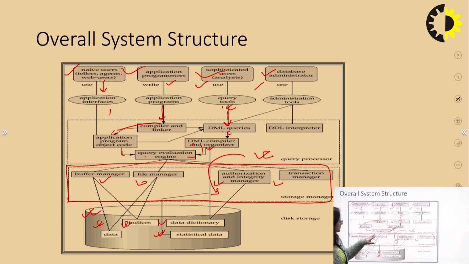So this manager will take the information from the database and provide the relevant information to the query evaluation engine. All these managers will work on this database, right? And they will give the relevant information to the query evaluation engine, and that will go back to the users. By this way, the overall system structure works for the database management system.